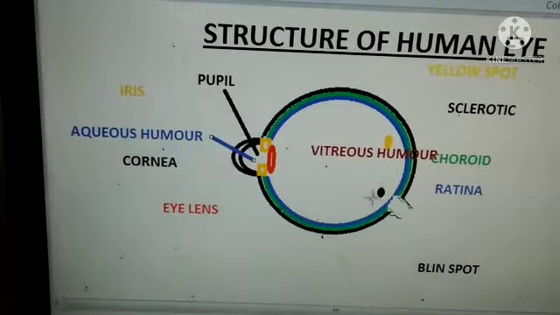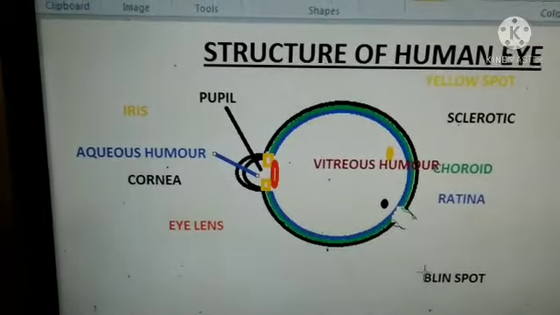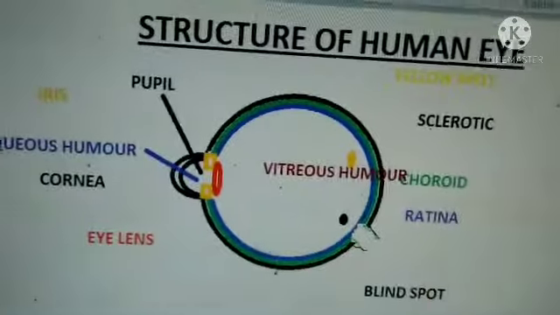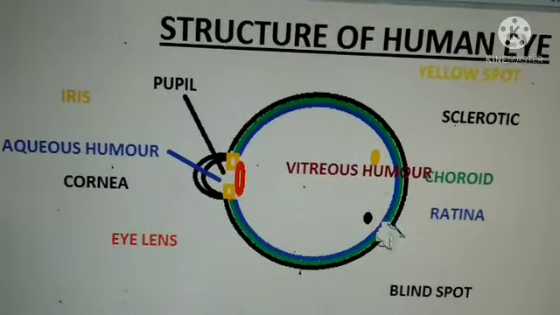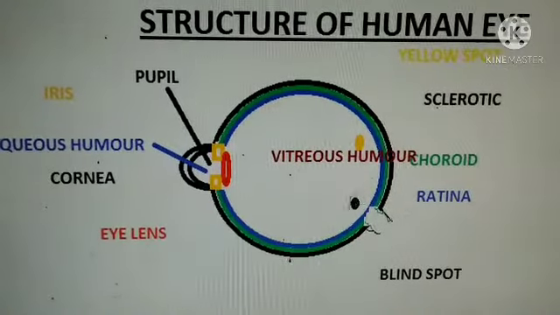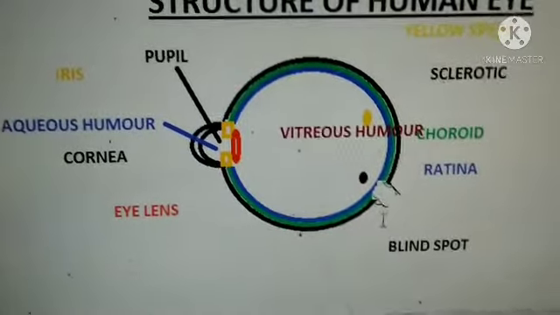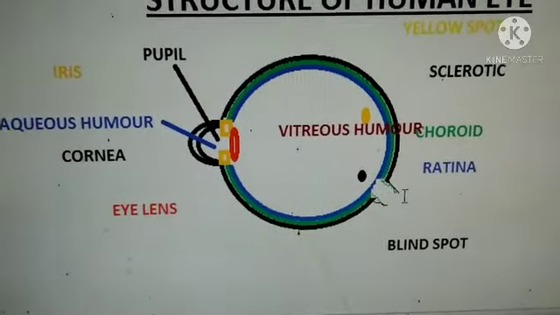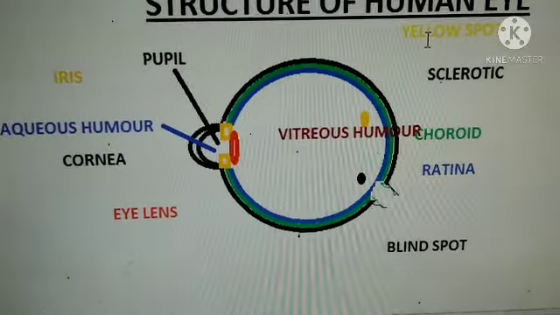Now this black spot is called the blind spot. The blind spot is where the eye is connected to the brain, and it helps in forwarding the image to the brain. This is the yellow spot here.